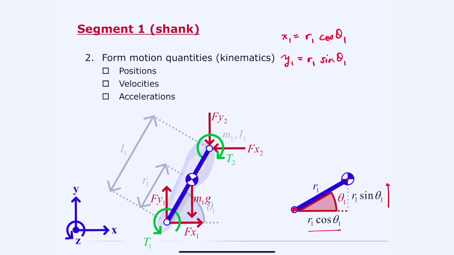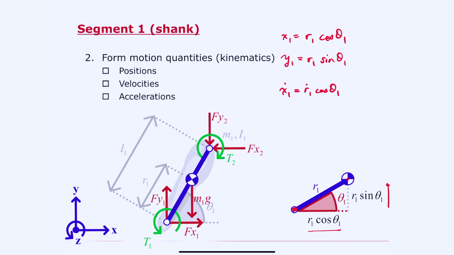And we can take derivatives of these expressions to find the velocities and accelerations. Let's do that for the expression for x1. x1 dot, and let's be really explicit here, x1 dot would equal r1 dot cosine θ1.